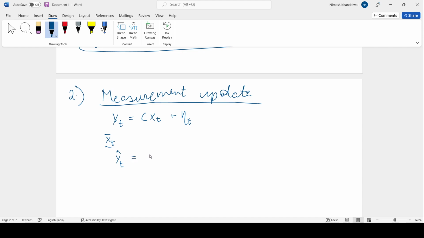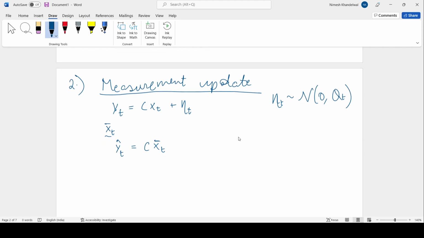Now again you can do expectations and all, but this will come out as this. And this eta_t, we had seen that this was a Gaussian random variable with zero mean and Q_t variance.